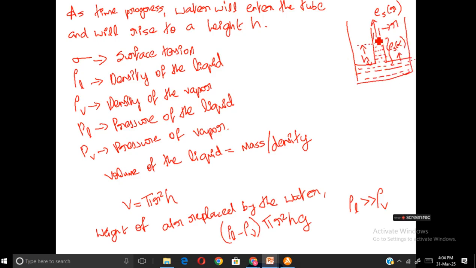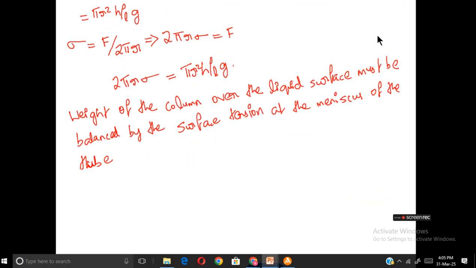So it should be equal. 2 pi r sigma is the surface tension, and pi r square h rho L into g is the weight of the column over the liquid surface.